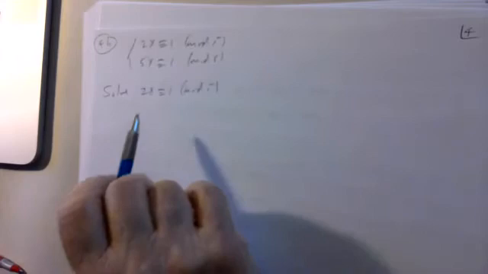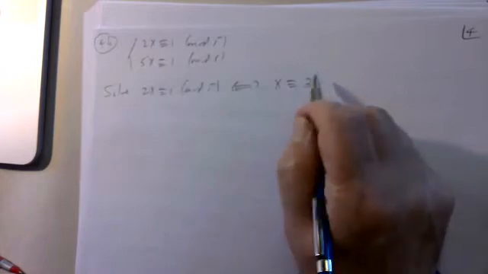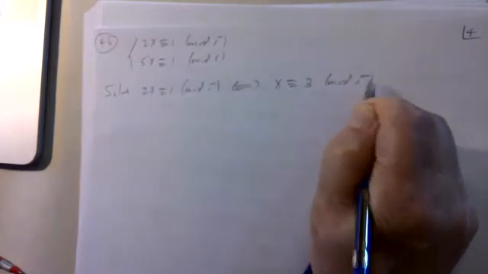So we want to solve 2x congruent to 1 mod 5. This has a unique solution mod 5 because 2 and 5 are relatively prime. And it's easy to check that this is the same as x congruent to 3 mod 5, because 2 times 3 is 6, 6 minus 1 is 5.